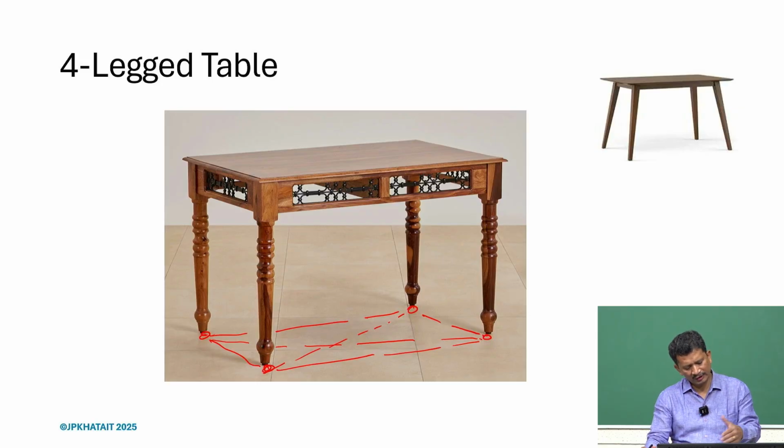Knowing that there are 4 surfaces, the moment we move it to a different place, a different location, we have to make sure that the height of these legs, the length of these legs, the surfaces, should all be perfect in that sense.